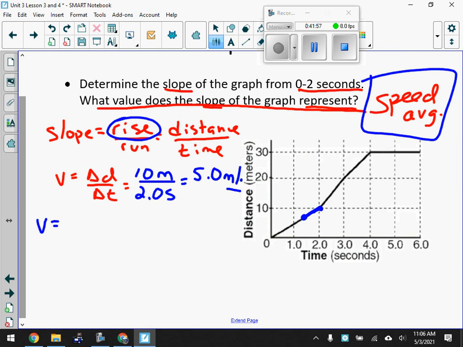What do you think, somebody? Is this slope here the same as this slope here? What do you think? Yes or no, somebody?